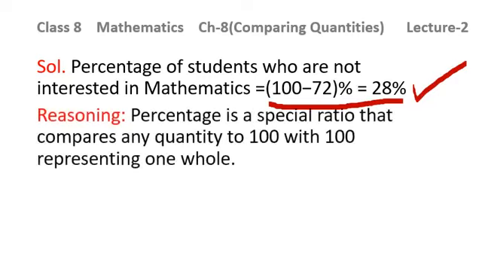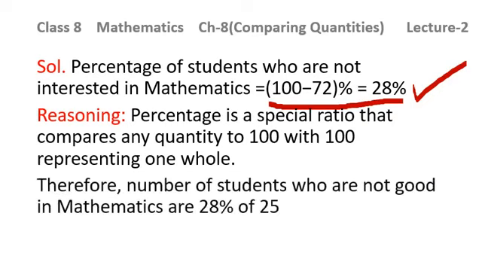Because percentage is a special ratio that compares any quantity to 100, with 100 representing one whole, out of that 72% were interested in mathematics. So I have calculated the percentage of the students who are not interested in mathematics, that will be 28%. Therefore, the number of students who are not interested in mathematics is 28% of 25.